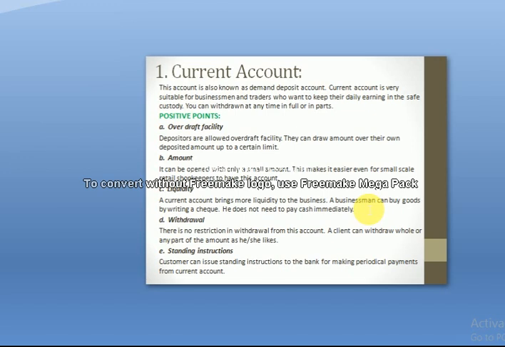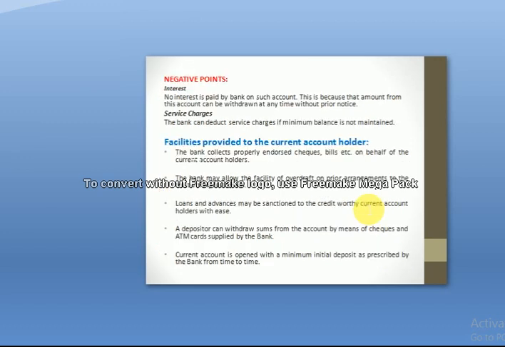Similarly, multi-location fund transfer. This is also a benefit. So all these are the benefits, or we can say advantages, of current accounts.